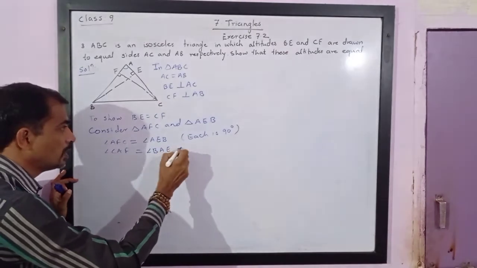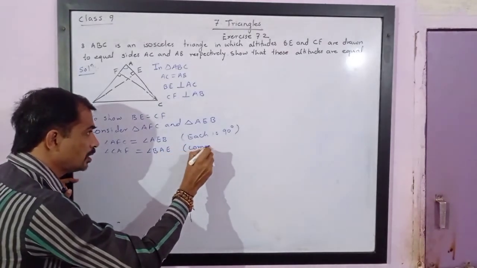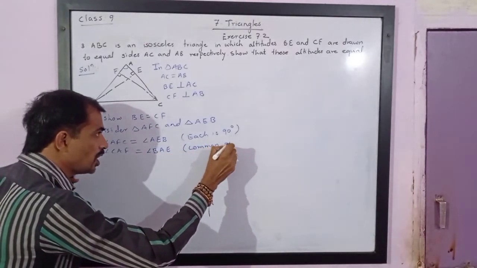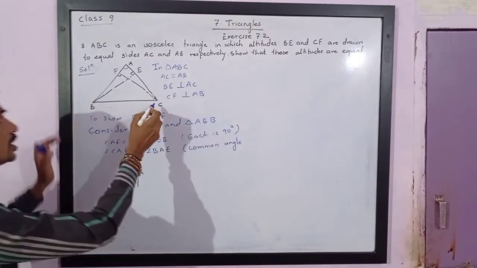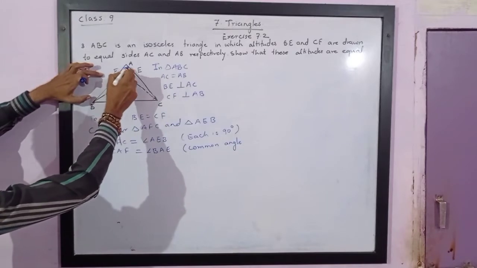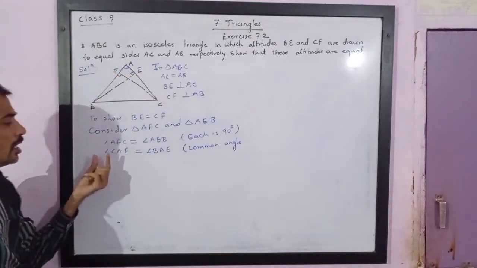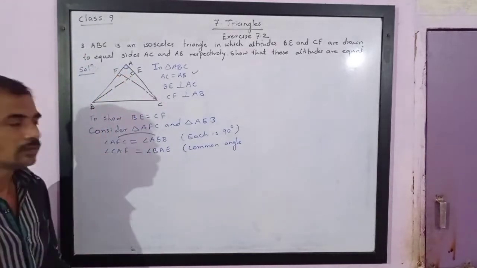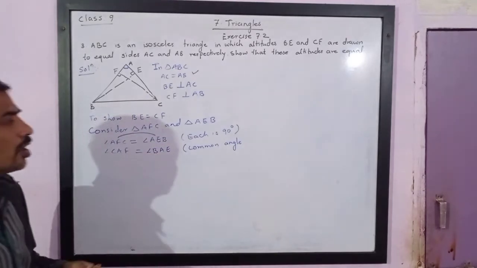Please note it is a common angle. We are talking about the same angle. CAF is this angle and BAE is also this angle. It means we are talking about a common angle. So CAF is equal to BAE. So two angles are congruent.